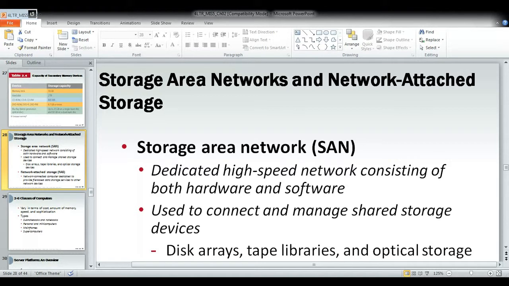The next part that we are going to talk about is storage area network and network attached storage. A storage area network, called SAN, is a dedicated high-speed network consisting of both hardware and software that are used to connect and manage your storage devices, such as disk arrays.